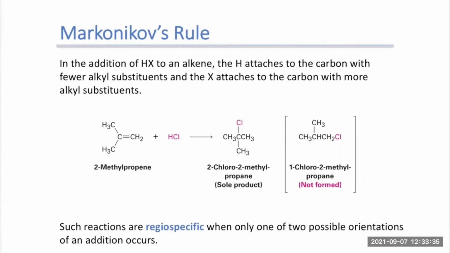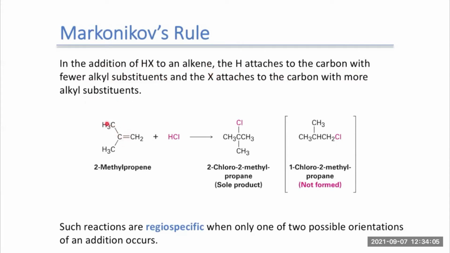And so in my example, I showed you a symmetric double bond, which eliminated a little bit of the issues. If we have an asymmetric double bond, so if it's not the same on both sides, then we're going to have to think about Markovnikov's rule. So Markovnikov's rule says that in the addition of HX to an alkene, the hydrogen will attach to the carbon with fewer alkyl substituents, and the halogen attaches to the carbon with more alkyl substituents.